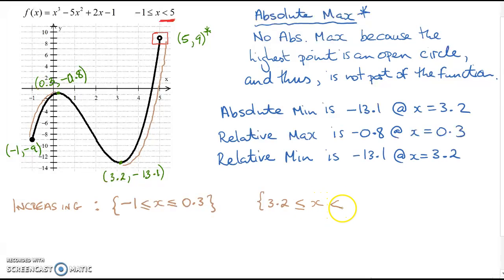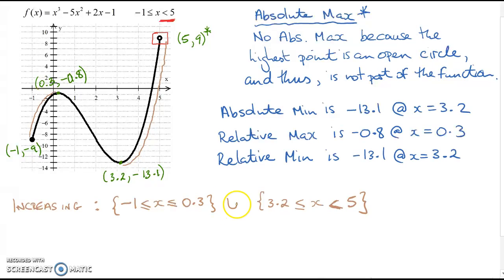And now this is the only point that we've seen where the inequality sign is important. We cannot use less than or equal to 5 in this case. We have to go with x less than 5. The reason being that x equals 5 is outside the domain. The domain is strictly less than 5, and therefore we don't have a choice in this instance. We have to go with x being less than 5.